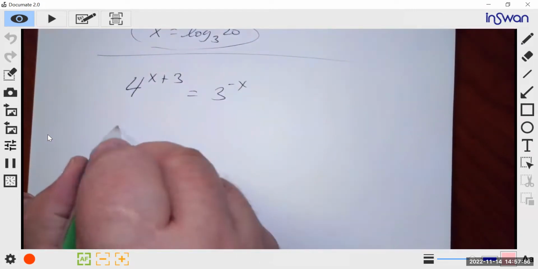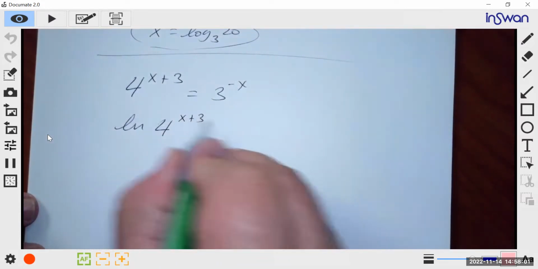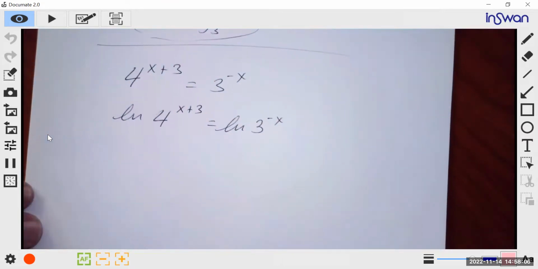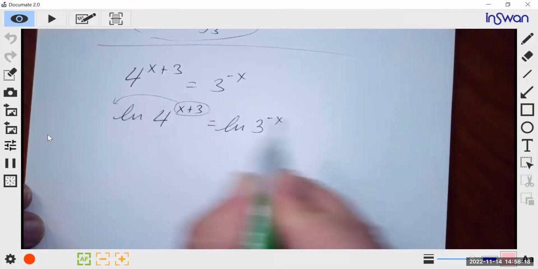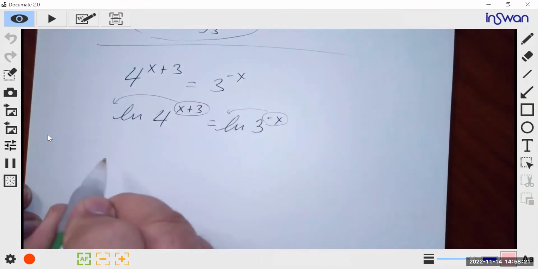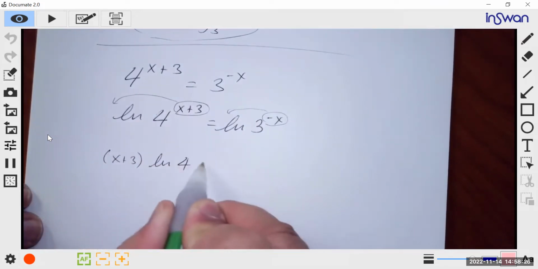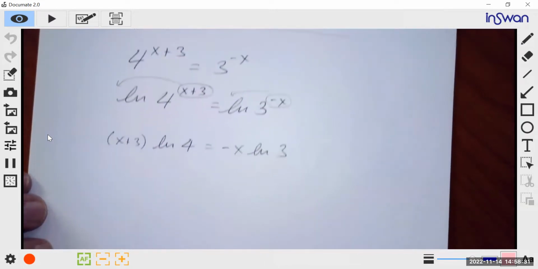So what I have to do here, I'm just going to use an arbitrary one. I'm going to use ln. These exponents come out in front. So it's x plus 3 ln 4 equals negative x ln 3.